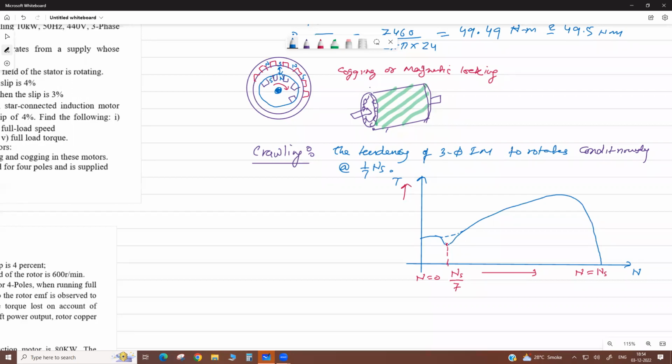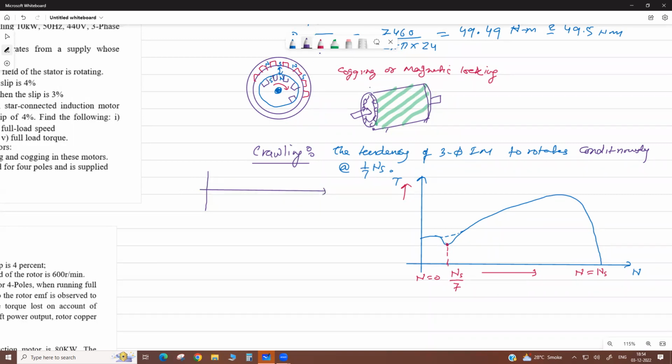This dip in the torque versus speed characteristics curve is due to the 7th harmonic. Now, what is a harmonic? Harmonics are the different frequency components present in your AC sinusoidal voltage.